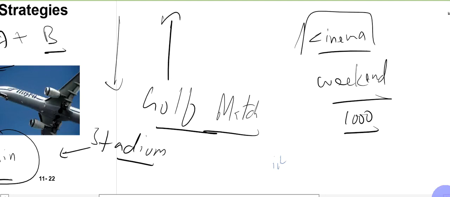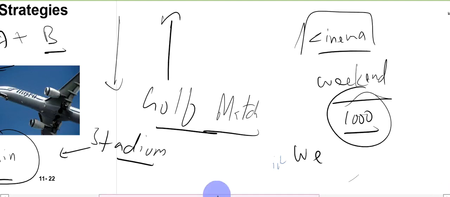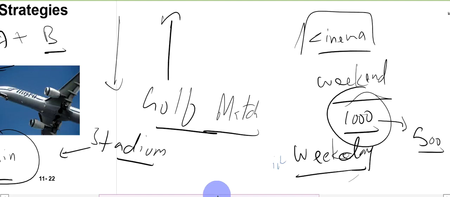So a huge number of people go to the cinemas, and they will charge 1000 rupees. But on weekdays, when people are in office and very few go to the cinemas, they will reduce the ticket to 500 rupees in order to attract people.